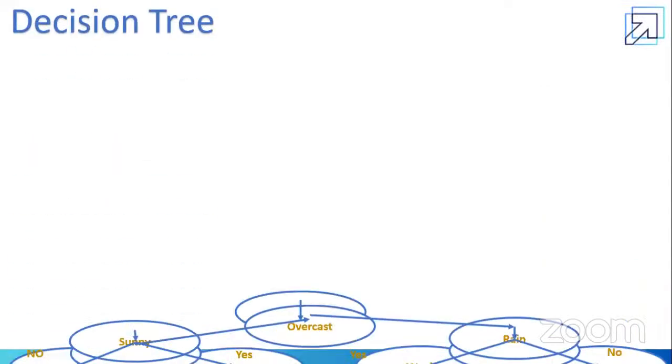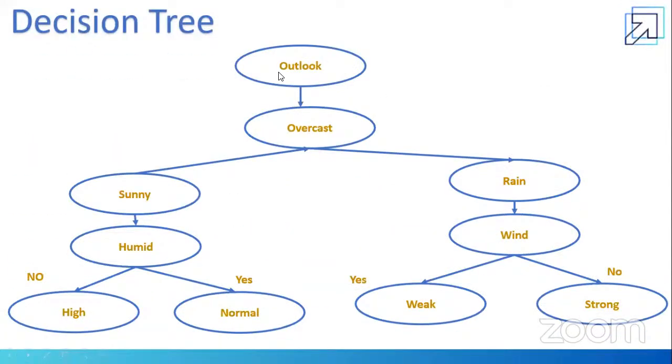How? We will see that. If the outlook is overcast, the child can go out to play no matter what the value of humidity and wind is.